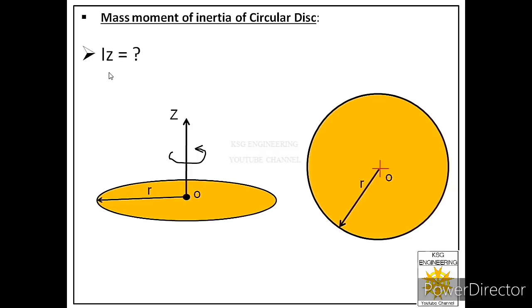So we want to find Iz. So over here its top view is shown. This is a circular disk, this is the centroid, and its radius is r. So let us see how we can derive the equation for mass moment of inertia of this circular disk about an axis which is a centroidal axis because it is passing through its centroid and it is normal to its surface.